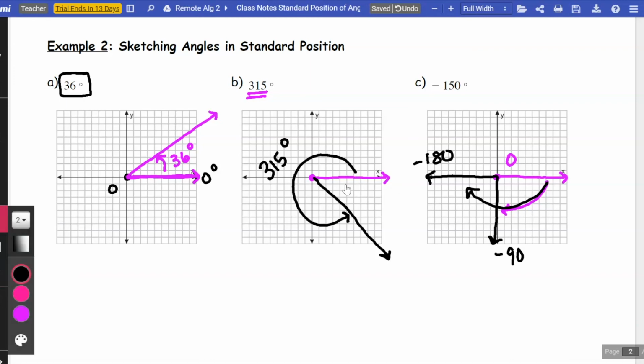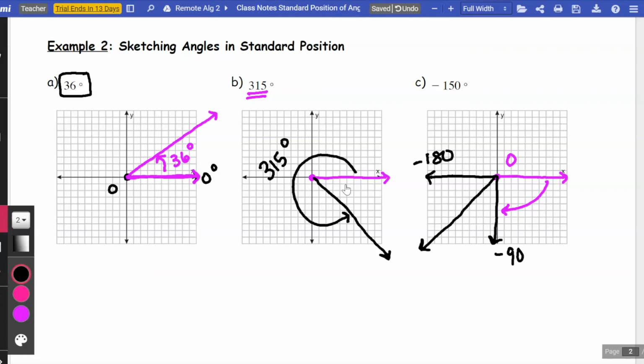So I want my terminal side to end up somewhere in between here. All right, so let's see, how could we count between 90 and 180? Well, what's halfway between 90 and 180? I know that there's 90 degrees in between them. Half of 90 is 45, so 45 plus 90 is 135. So I would know that 135 is exactly halfway.